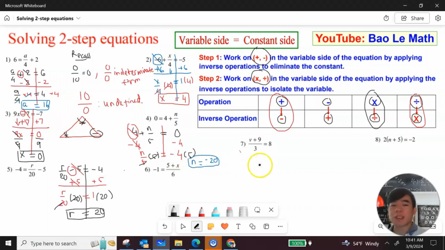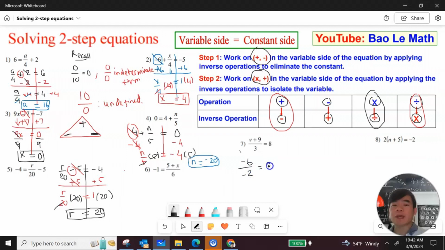For example, with integers, this way is addition, this way is minus, right? For example, I have negative 6 divided by -2.